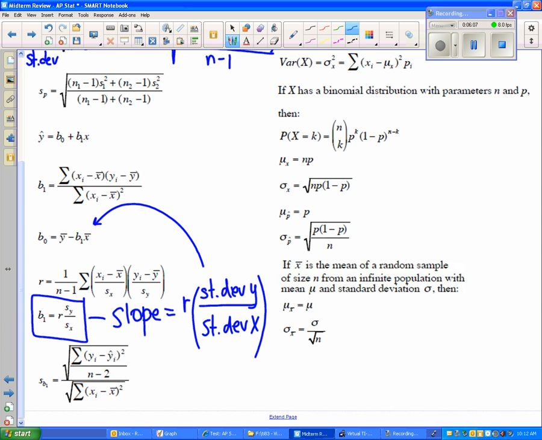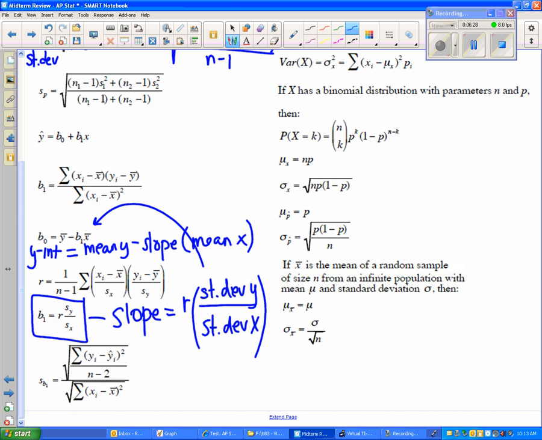So basically, if b sub 0, or subscript 0, is our y-intercept, you can use the mean of both x and y. So this is the mean of y minus the slope, which you just found, times the mean of x. And that'll give you your linear regression equation.